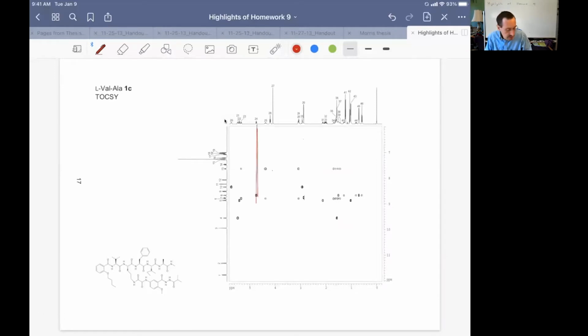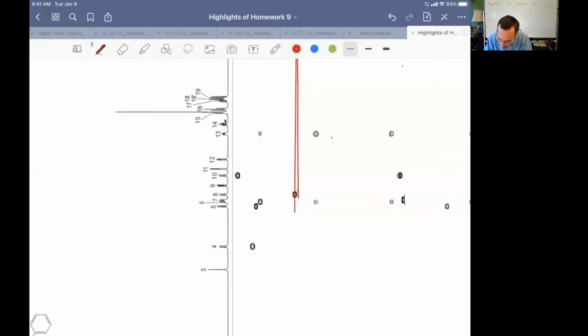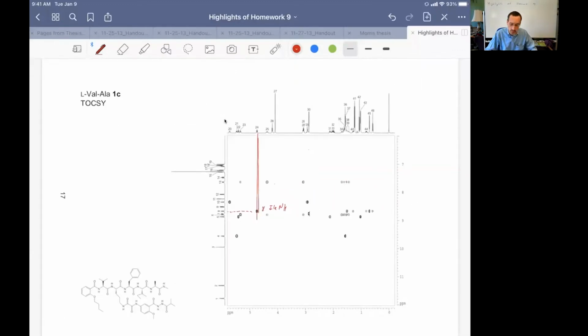now we find that we get a cross peak over here. And that cross peak here with 8, you can see it just right over here with 8. That's going to be our isoleucine NH. So the point is, in one relatively painless fell swoop, we've managed to assign the resonances of an entire amino acid.